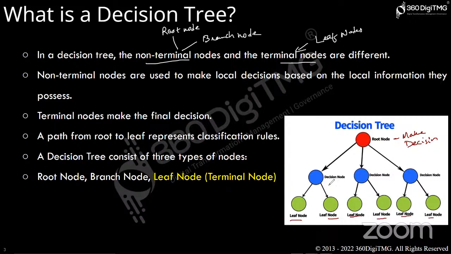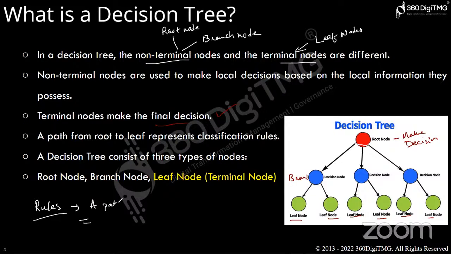In root node, a decision is made. In this branch node, a decision is made. And these terminal nodes are the final decision nodes. Now we are talking about rules. What are rules in this? The path from root node to a leaf node is known as a rule. So there will be multiple paths in a single decision tree. So all these paths are various rules of decision tree.